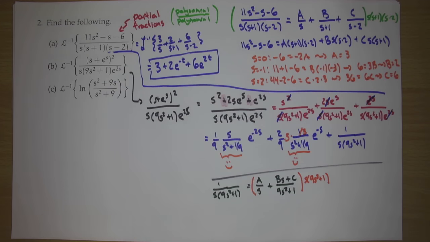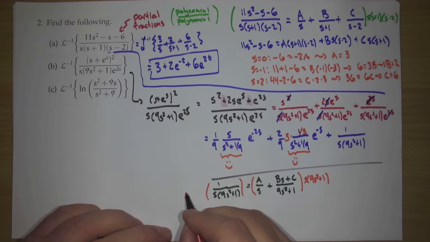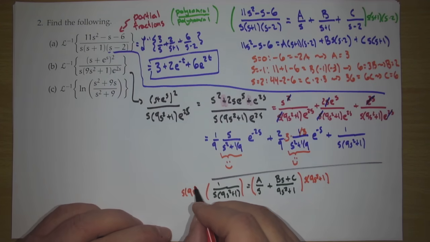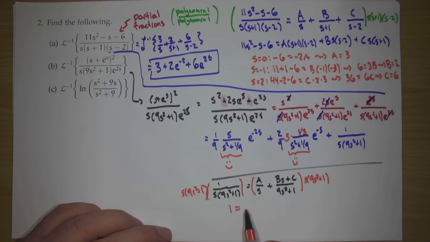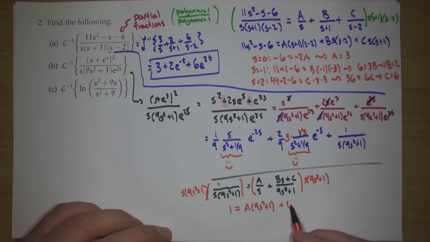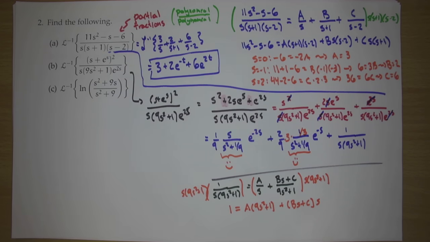All right. Oh, whoops, and we should do that on both sides. Okay, so we have that 1 is equal to A times 9s squared plus 1 plus B times s plus C times s. All right.